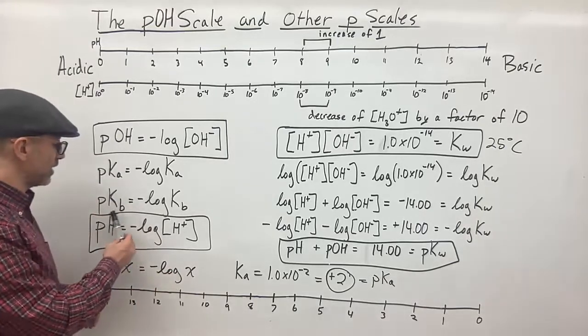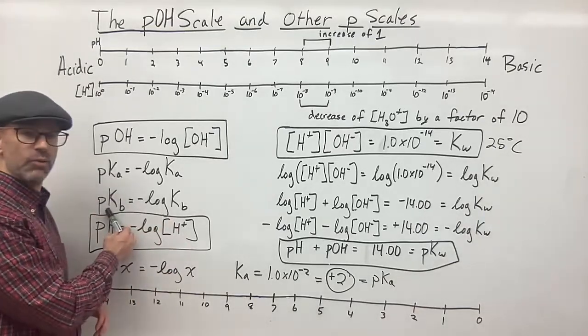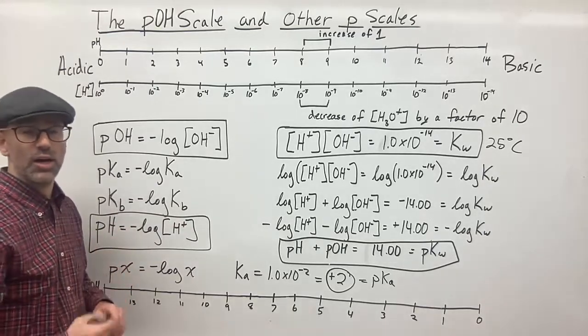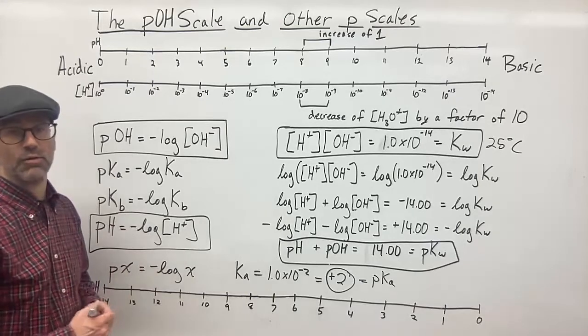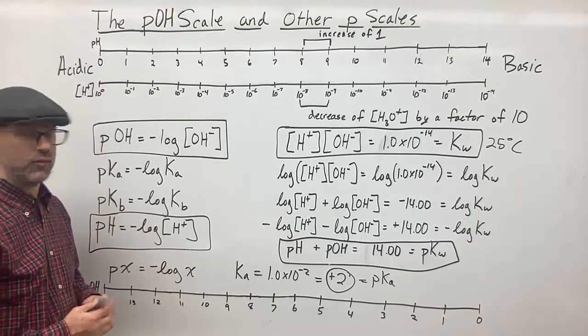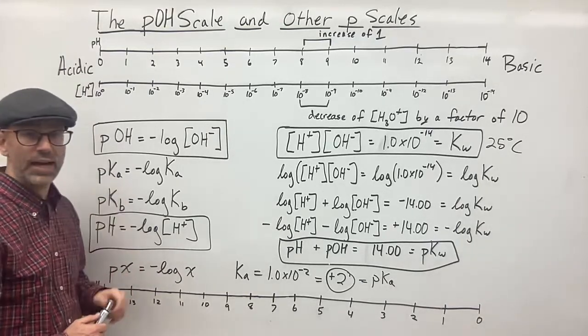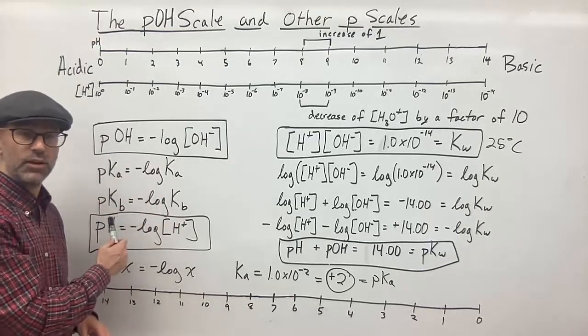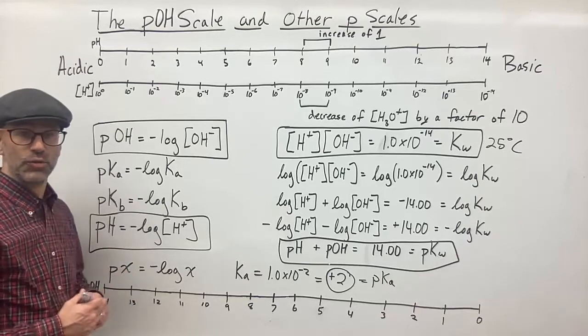And so if we take the negative log of that, we would get what is called the pKb. And that would also be a measure of the basicity of the base. We'll talk more about that in another video, but these are other P scales that you can use that are useful.